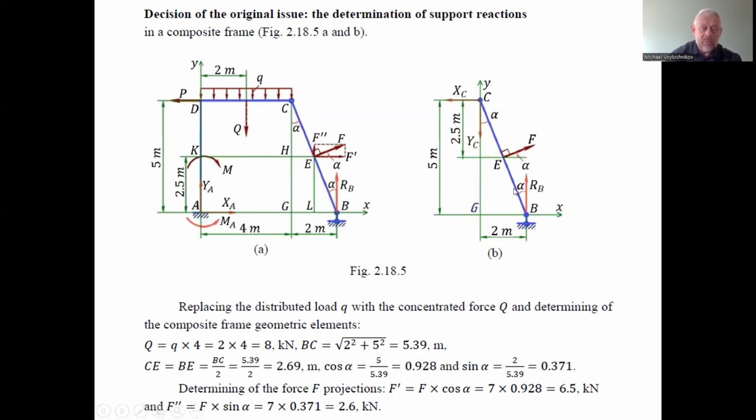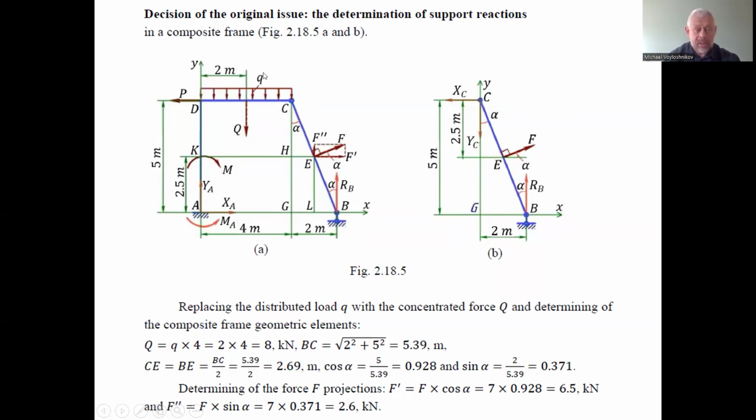Composite is because it consists of two parts connected in the hinge C. So we have one rigid angle D of connection of two rods of the frame, and another one, the connection, is the hinge C. First, we have to define a little bit more appropriate data. So first, we have to replace the distributed load q by the concentrated load Q, big letter.